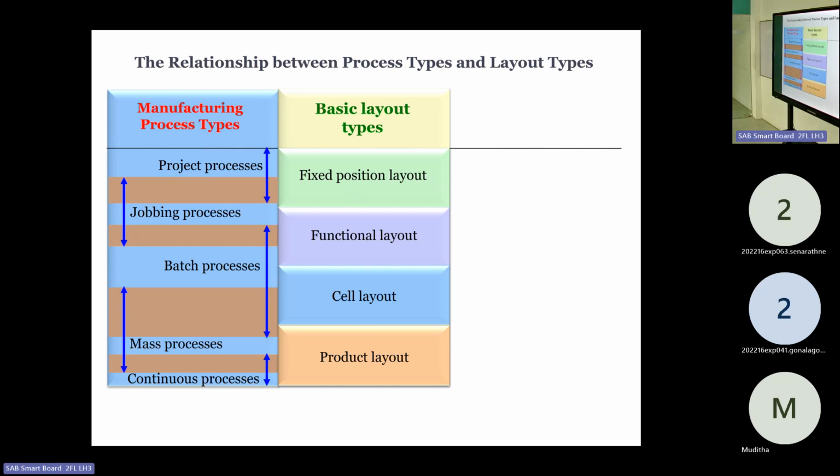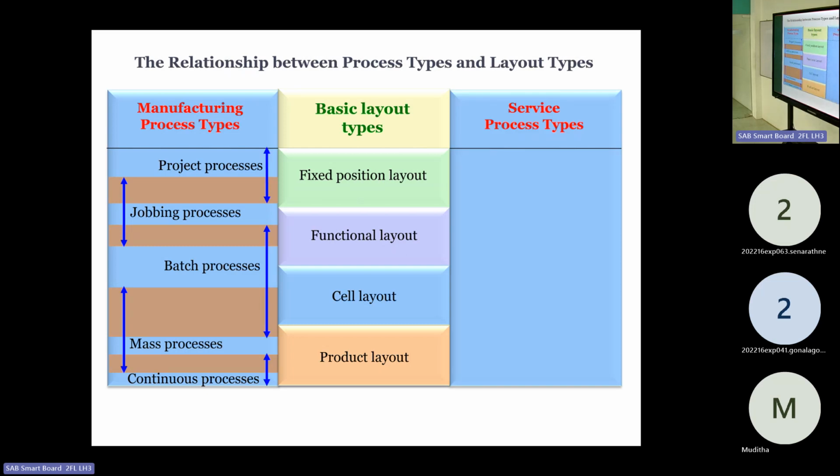Right, is that clear? In the same manner, the three service process types we identified the other day and the layouts, they are related. For professional service processes, either functional layouts or fixed position layouts are possible. And then service shops processing, basically functional layouts are possible, and then of course cell layouts.